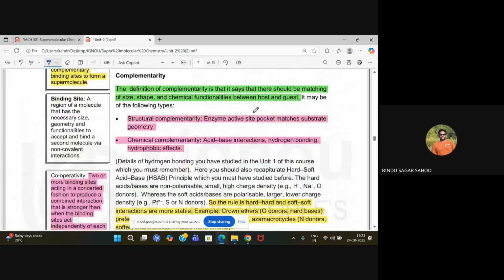Then guest and host are complementary to each other. Sometimes this is called structural complementarity, and sometimes the complementary behavior is chemical complementarity, such as acid-base interaction and hydrogen bonding. And sometimes it may be hydrophobic effects.